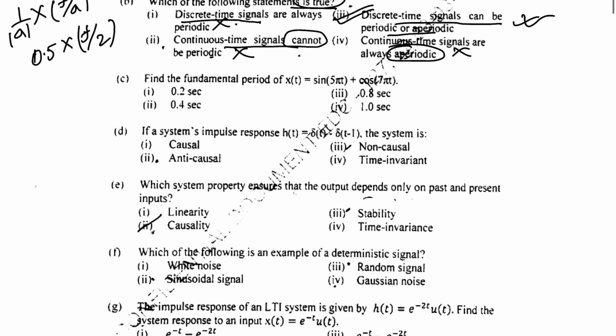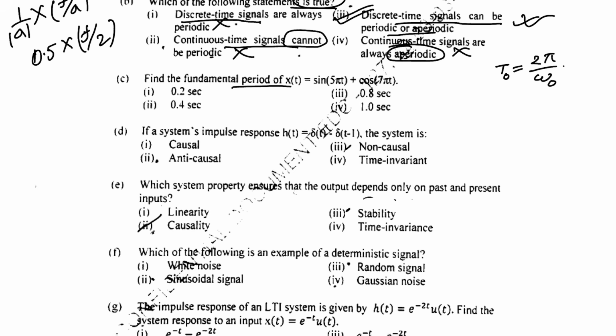Okay. Now, question part C, what is the fundamental period? We need to find the fundamental period of this combined signal. For this, we know that the sinusoidal signal has the time period 2π/ω0. This is the time period for the sinusoidal signal.